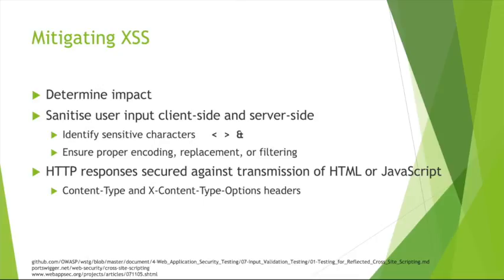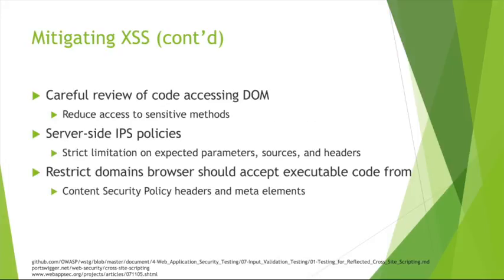HTTP responses can also be secured against transmission of HTML or JavaScript where none should be present using the content type and X-content type option headers. Any code that accesses the document object model and has the potential to modify it should be carefully reviewed and revised to reduce access to sensitive methods.